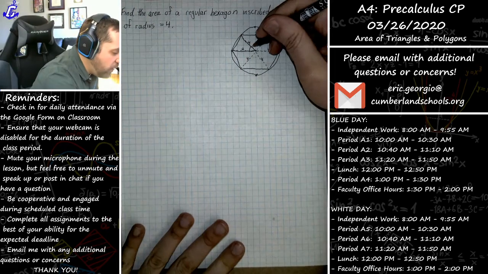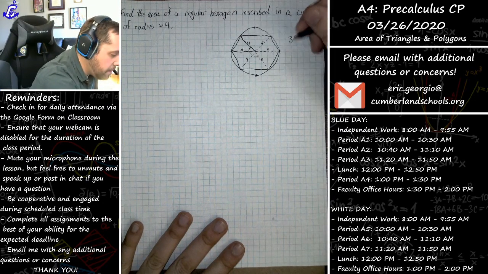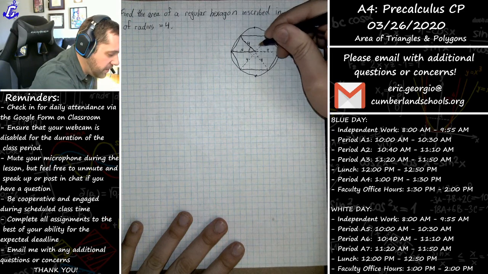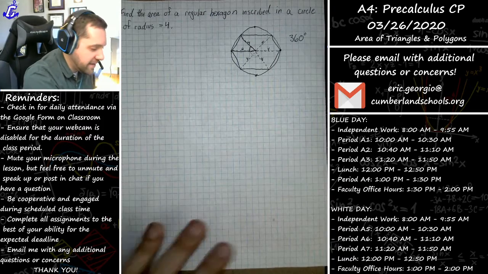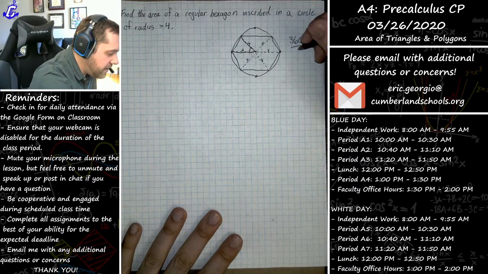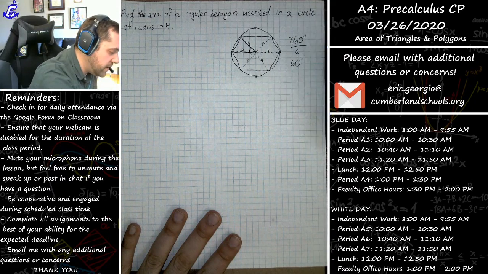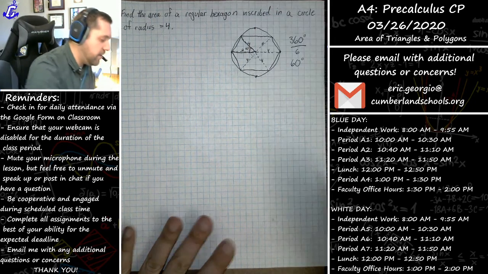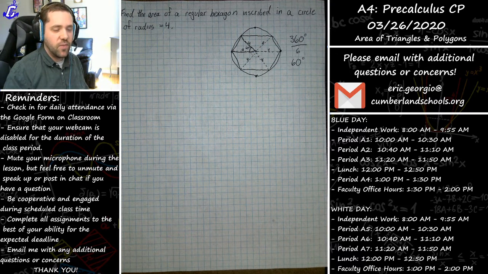If the whole way around the circle would be 360 degrees, that should be the sum of all these angles added together. This is essentially just cutting it into 6ths. So I could say that each angle of each one of these triangles is 60 degrees. So this would be a 60-degree angle right here. Does anyone have a question as to why that's the case?